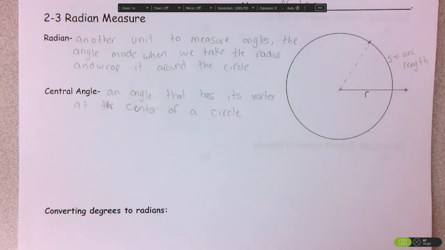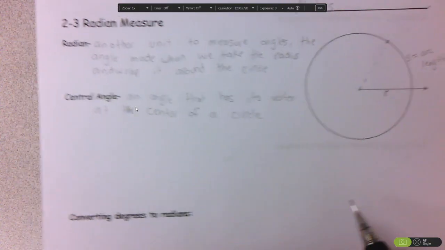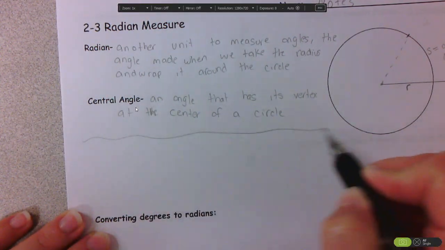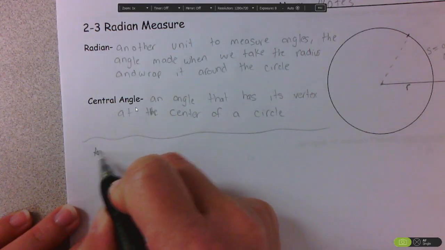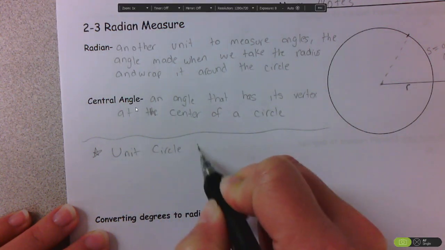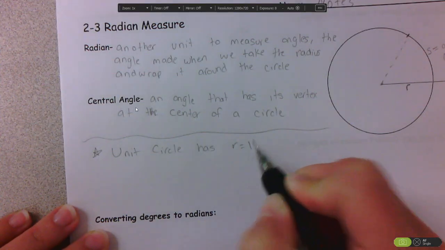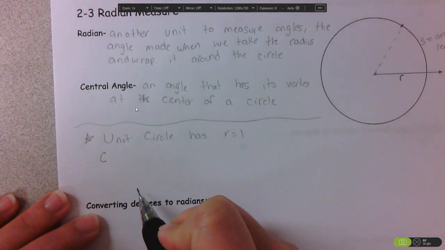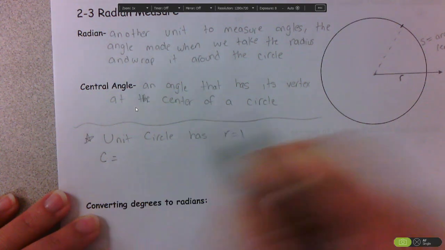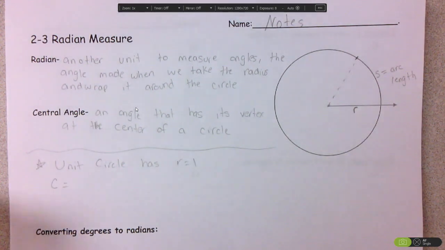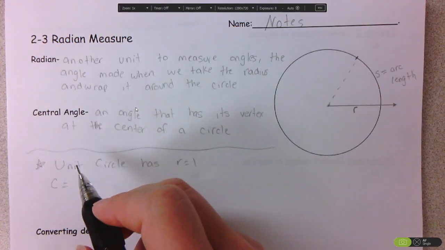Let's go over this. We already did our unit circle, and the unit circle has a radius of 1. That's the point of the unit circle. The formula for the circumference of a circle, the outside of the circle, is 2 pi r.